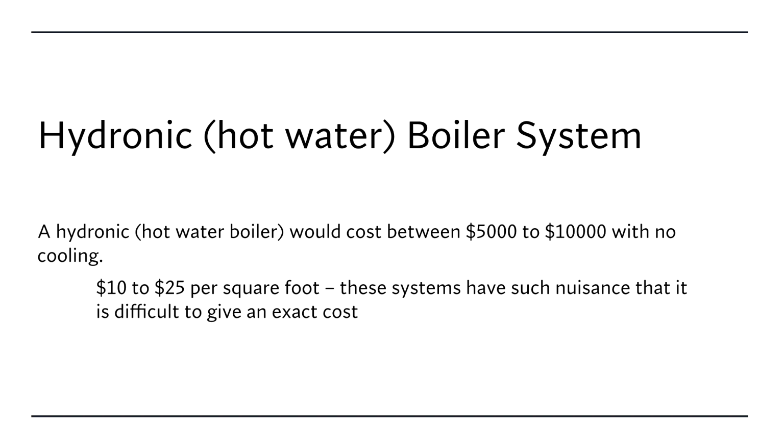All right, so a hydronic boiler system, to give you a cost comparison here, is $5,000 to $10,000 with no cooling systems involved, just pure heating. Okay, and that ranges from $10 to $25 a square foot. These systems have such nuances that it's difficult to get an exact cost.